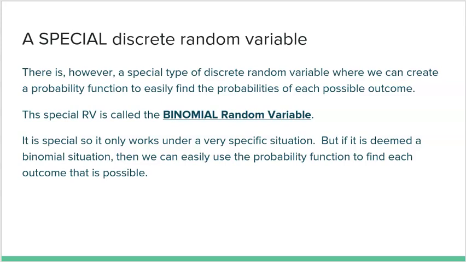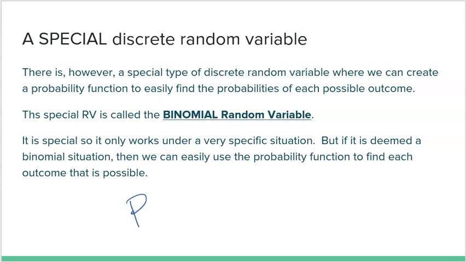But I do want to talk about in this video a very special discrete random variable. For this very special discrete random variable, we can actually use a function to find the probabilities of each outcome. This special random variable is known as a binomial random variable. It is special, so it only works under a very specific situation. But if you deem that a problem is a binomial situation, then we could actually use this probability function to find each outcome that is possible.